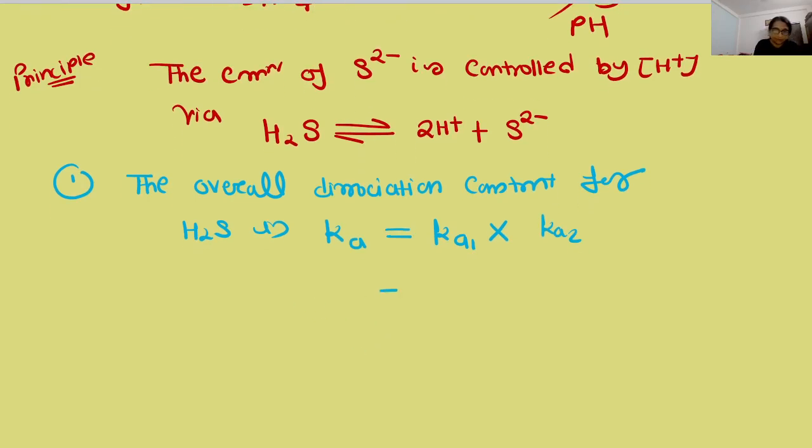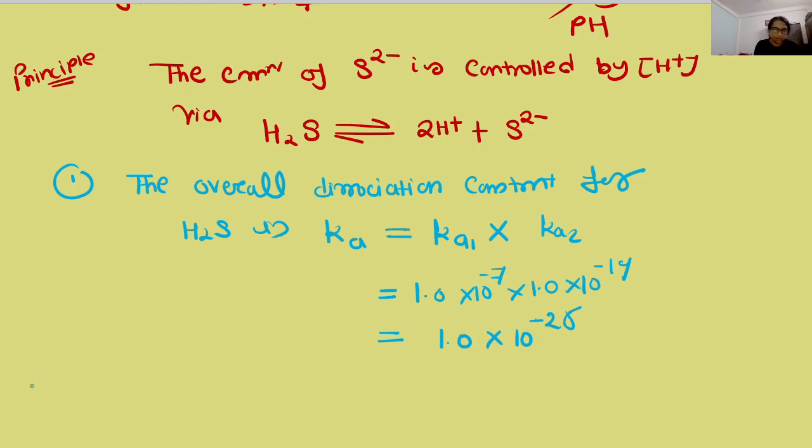The values are given, so we put them in: 1.0 × 10 to the power minus 7 into 1.0 × 10 to the power minus 19. After the calculation we get 1.0 × 10 to the power minus 26, because we multiply both values and add the powers.